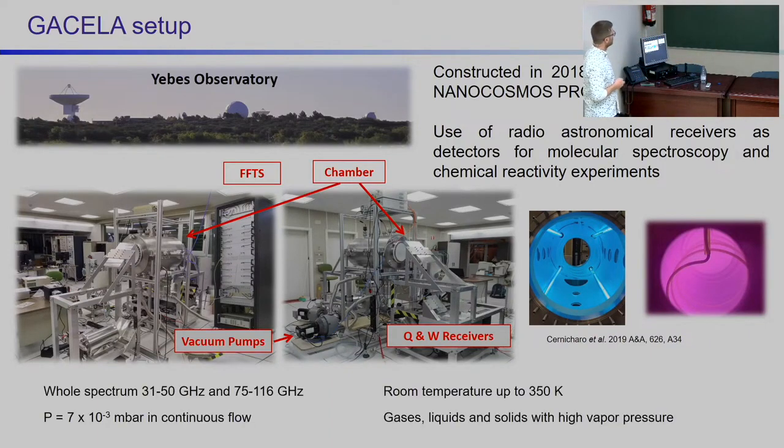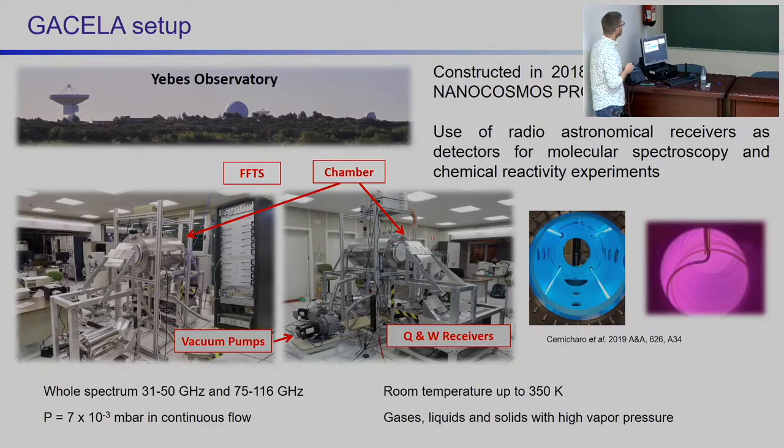With this spectrometer, we can observe the rotational spectrum in the Q band from 31 to 50 gigahertz and in the W band from 75 to 116 gigahertz of all the molecules that we can introduce in the chamber. When we want to study the rotational spectrum of a given molecule, we fill the camera with the sample that we want to study.